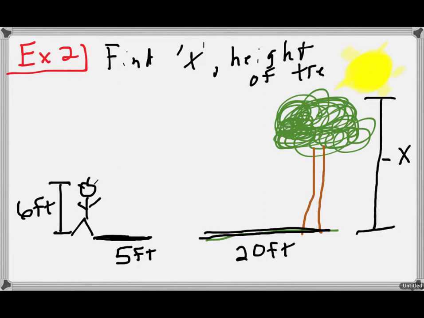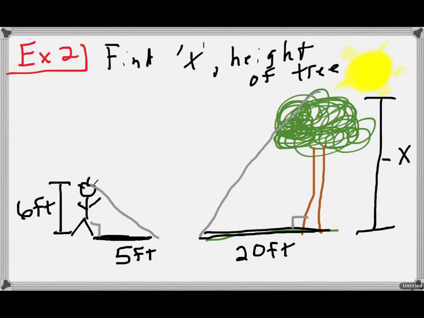All right, so, same thing as that last example. You got to visualize this as right triangles, guys. From the top of the tree to the very end of the shadow, you can easily see we got 2 right angle triangles.